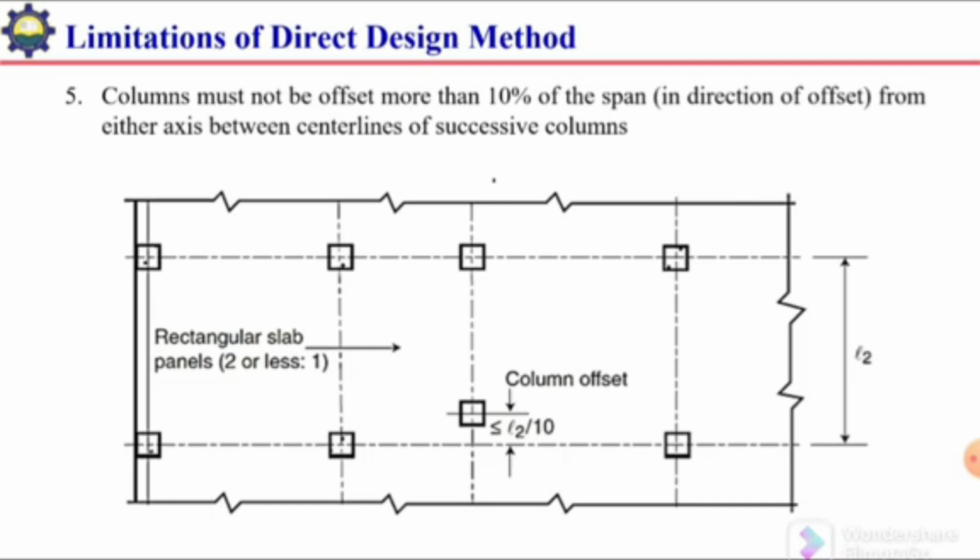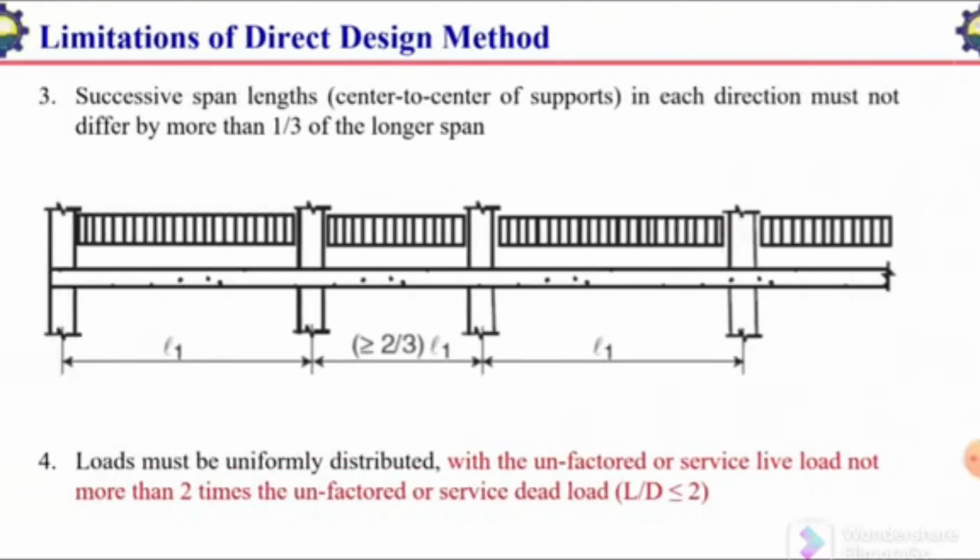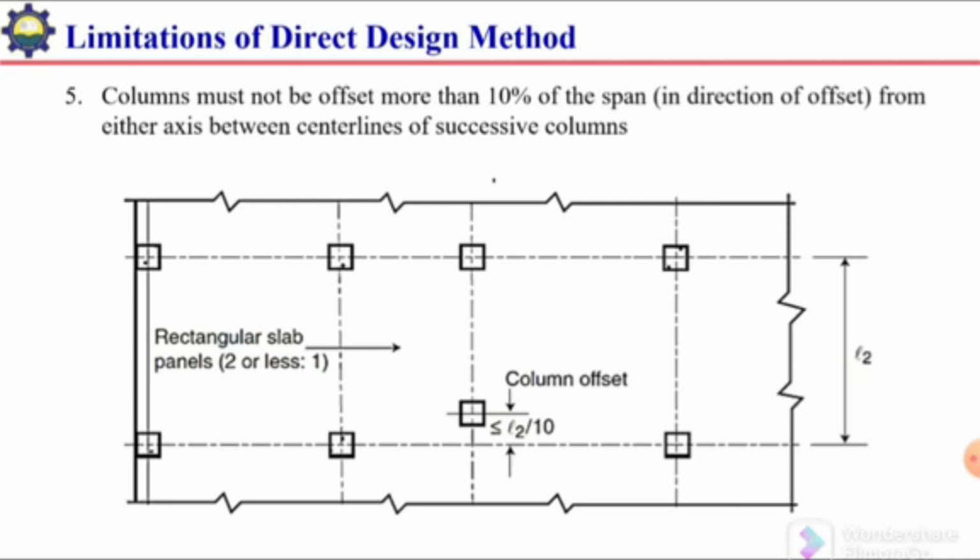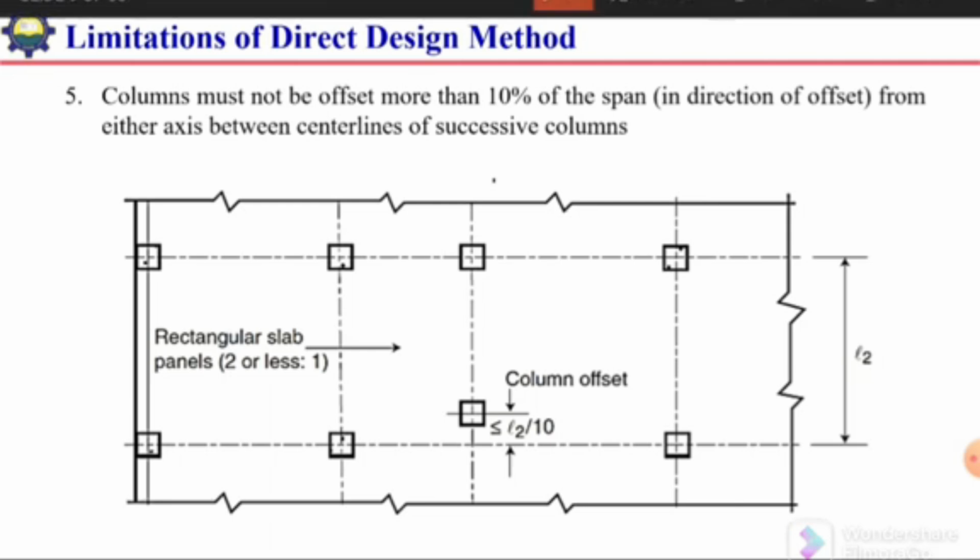For example, this is the line of columns, and we have one column which is offset from this line. So this offset should not be more than 10% of this span. So for example, in this case, this span is 10 meter or 10 feet.